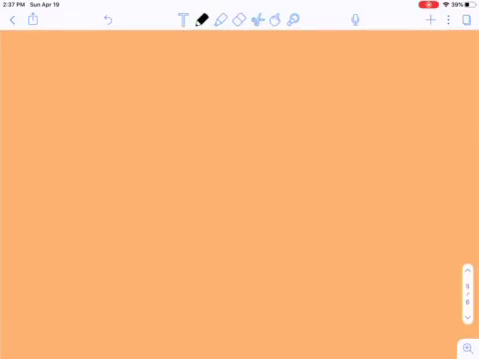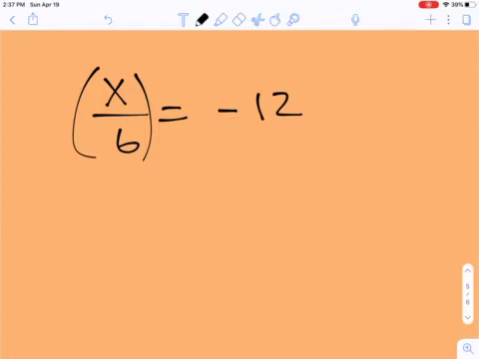All right, let's take a look at this one over here. We have x divided by 6 is equal to -12. So, same deal. It's being divided by 6, so we're going to multiply by 6 on both sides. Your 6's cancel out.